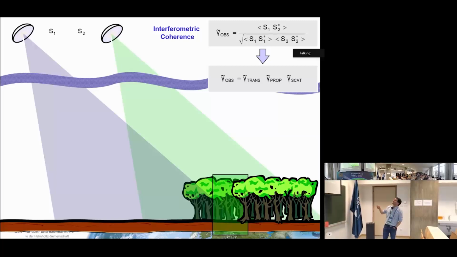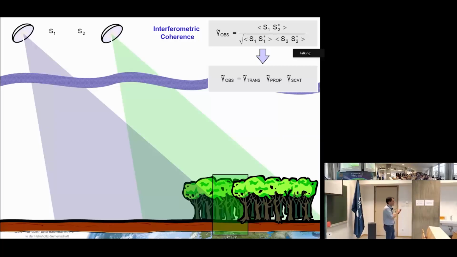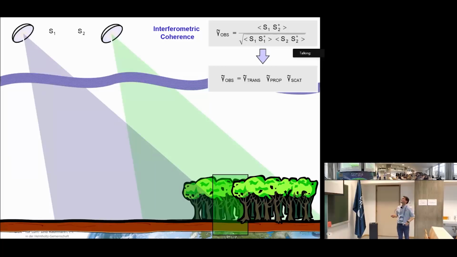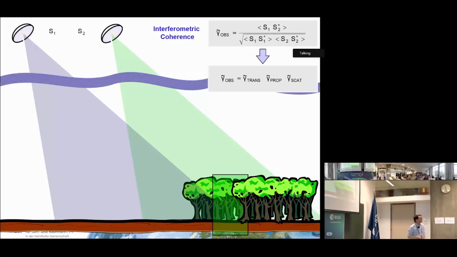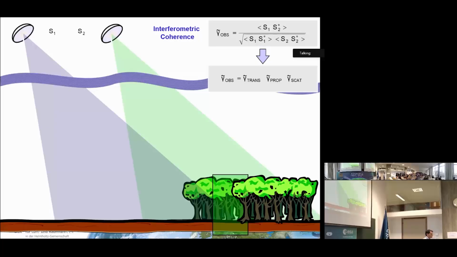Here they are called a bit differently, because the one before was already simplified to the most important ones. Now we try to put all of them. So you have one which is about propagation, one about scattering, and the other about your ability to collect and to process the data.